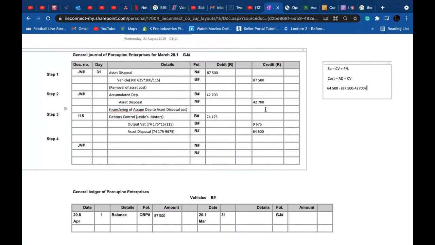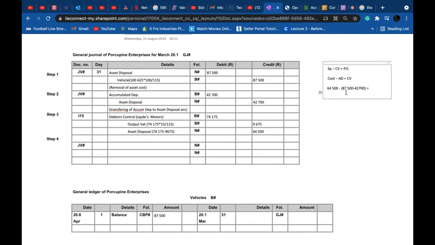Now we can calculate, did we make a profit or a loss? All right, here you can already see, as Abigail was saying, we did make a profit, because you're probably going to come up with 40 something thousand minus the 60 something thousand. So let's quickly calculate what that was.